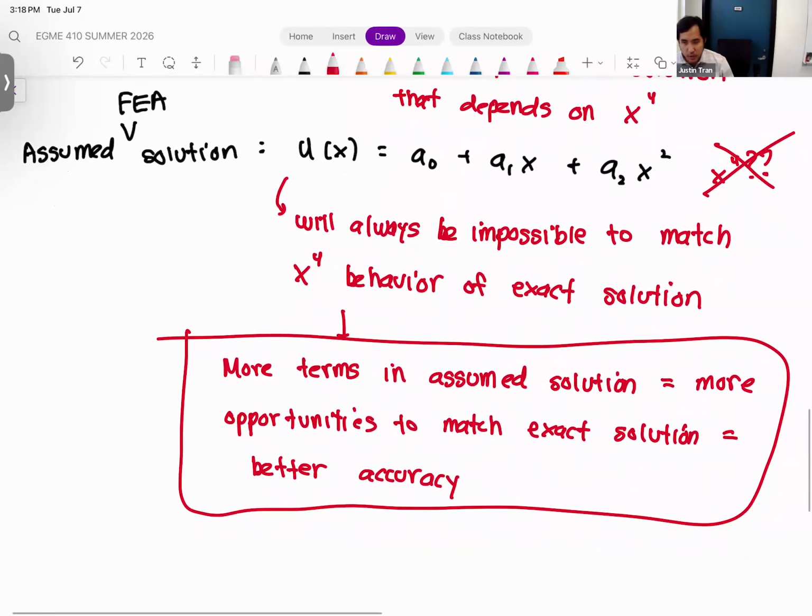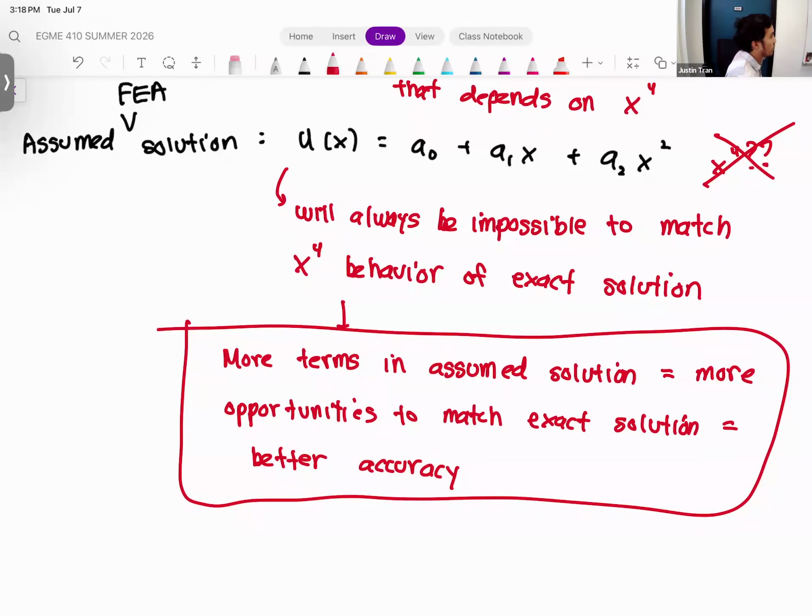That is the upshot of this entire first 20 minutes or so of the class.